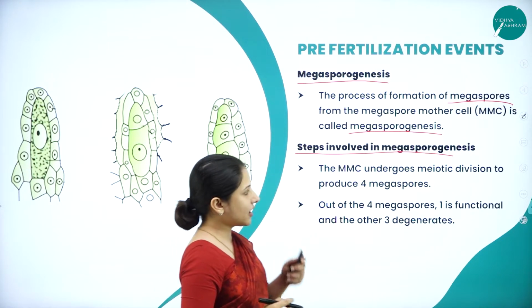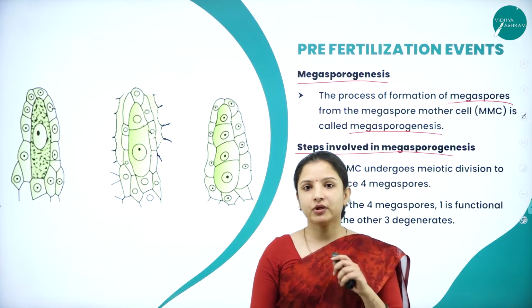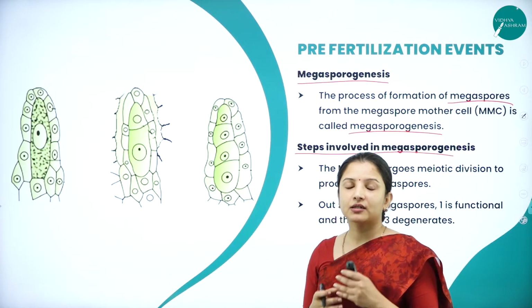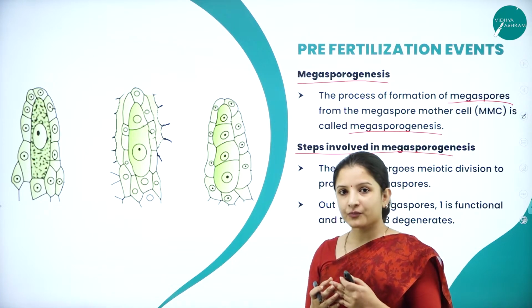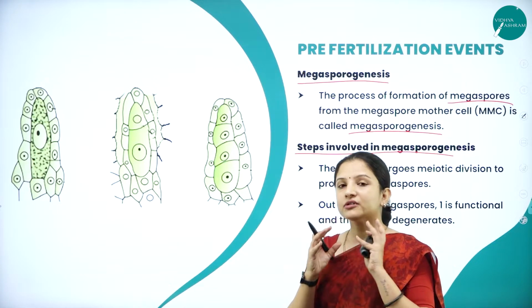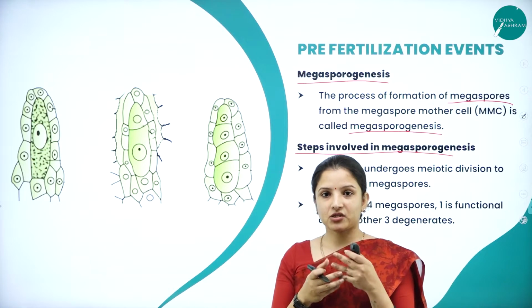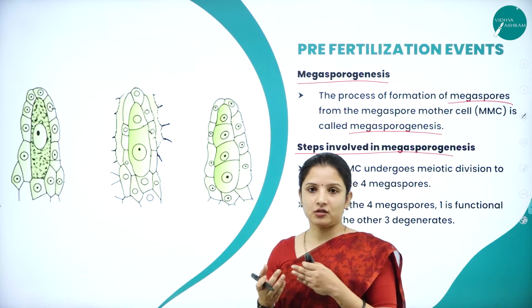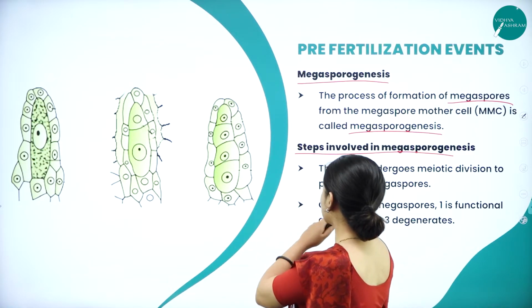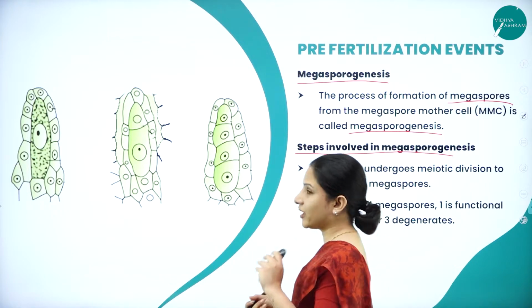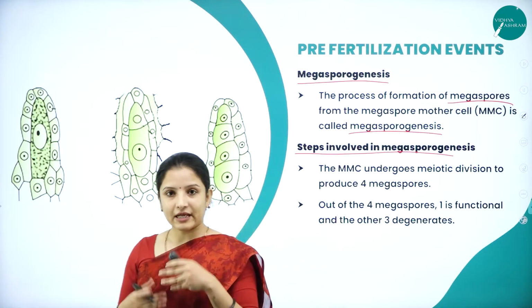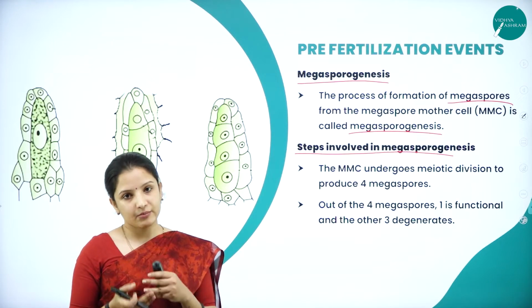The megaspore mother cell, before forming a complete embryo sac. At the end, the embryo sac is the one that has to be formed if the fertilization process has to continue. So first we'll study how the megaspore mother cell will develop into an embryo sac.